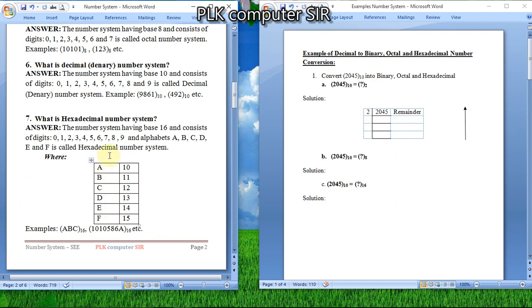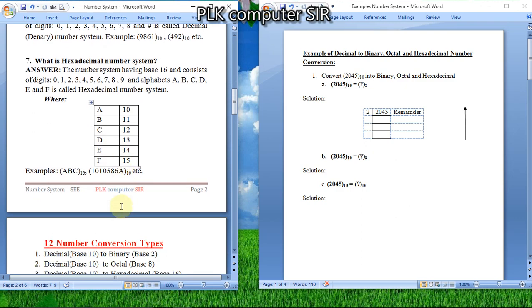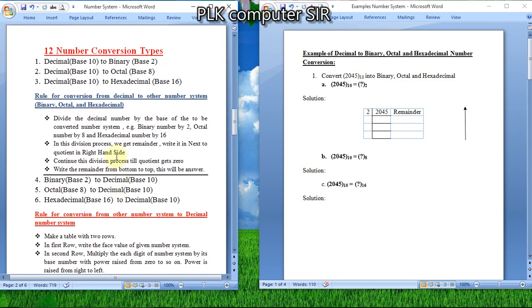My dear students, the greatest single digit is 9. After 9, the number will be 10. If it is 2 digits, then we replace it by the alphabet: A for 10, 11 B, 12 C, 13 D, 14 E and 15 F in the hexadecimal number system. Examples are given here.